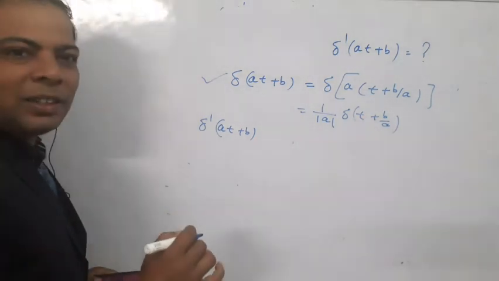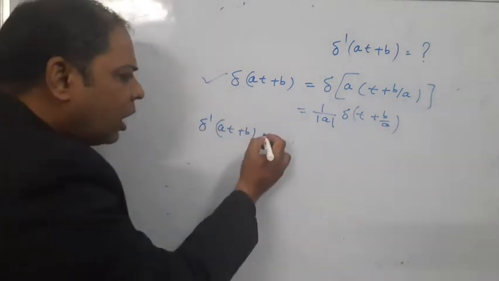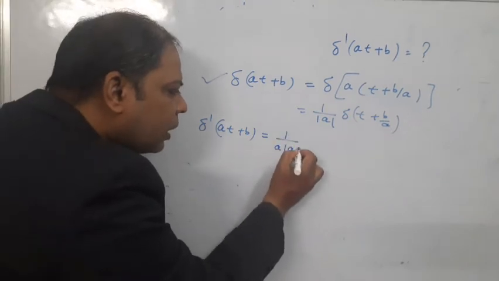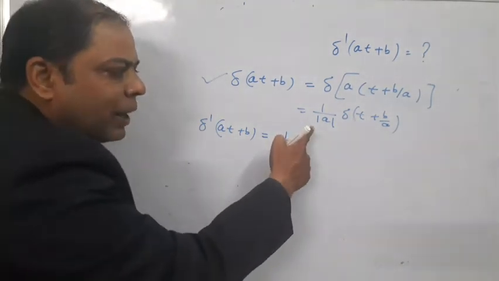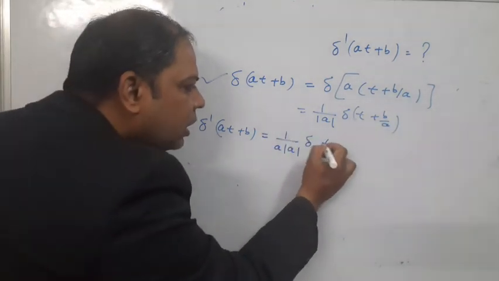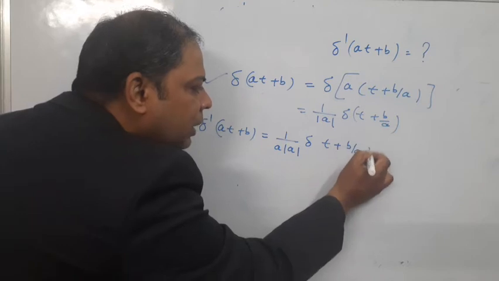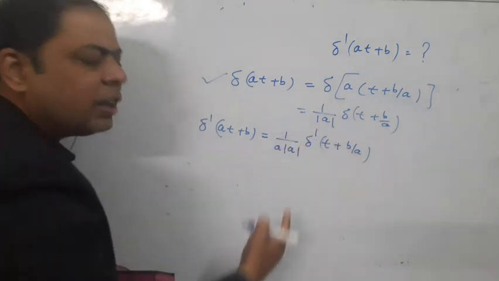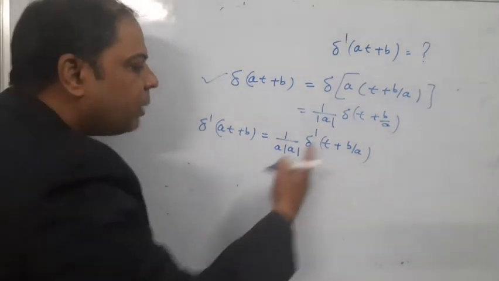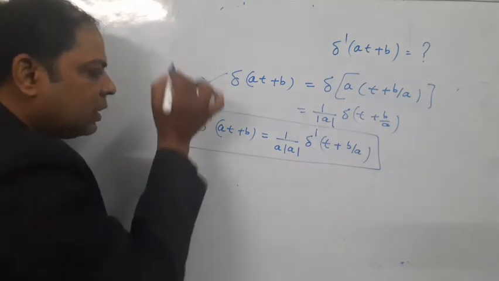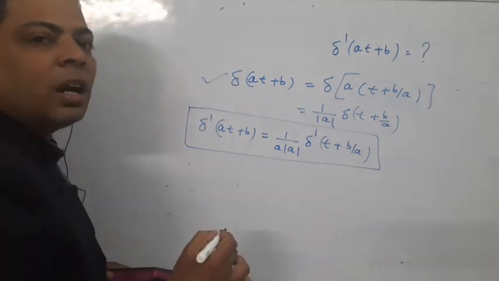The result will be 1 by a mod a, del dash of t plus b by a. Del dash, not del, because you are considering the doublet function. So this is very very important, try to understand. So this happens in the case of your doublet function.